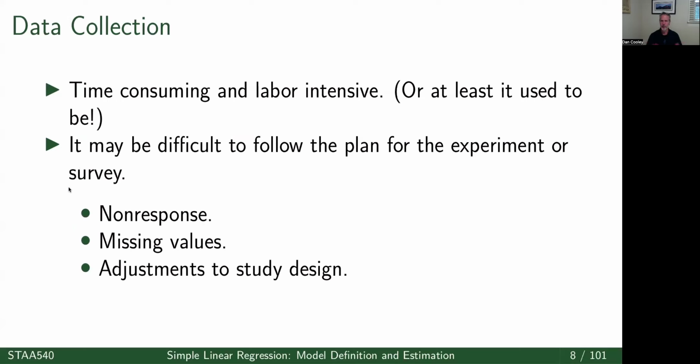The reason I threw the parenthetical statement in there is the field of statistics is changing very rapidly right now because we have lots of sources of very cheap data. That very cheap data is often not exactly targeted at what we want, and making sense of that can be very challenging too.